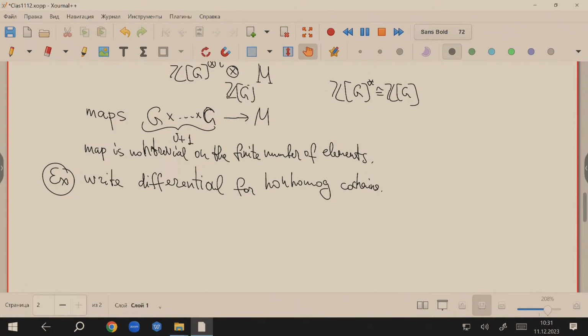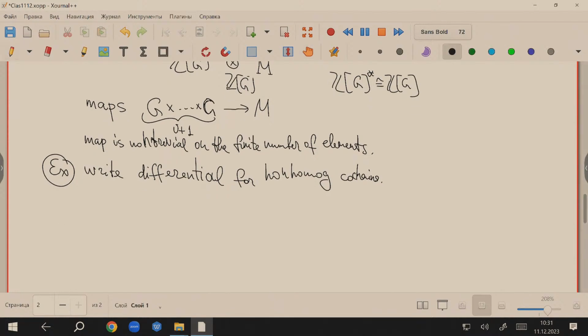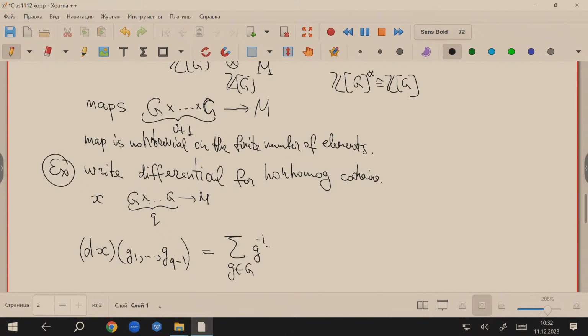What you have to get is this: if you have x, the map from G to the Q elements, you are writing down the differential, and this is a homological differential, so it has a smaller number of entries than Q, namely Q minus 1 entries.